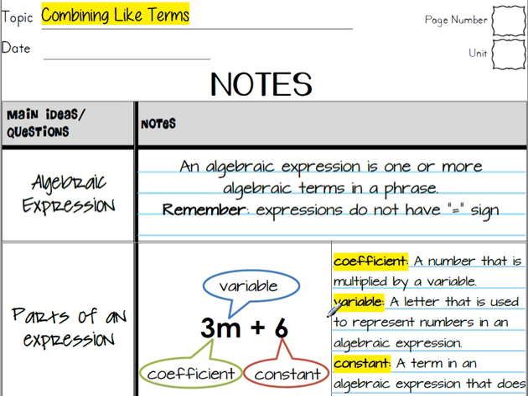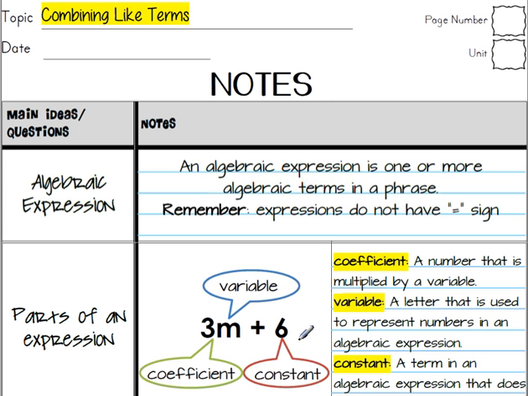If we have the expression 3m plus 6, the 3 is what we call a coefficient, because a coefficient is defined as a number that is multiplied by a variable. In this expression, our variable is m, which is defined as a letter that is used to represent numbers in an algebraic expression.